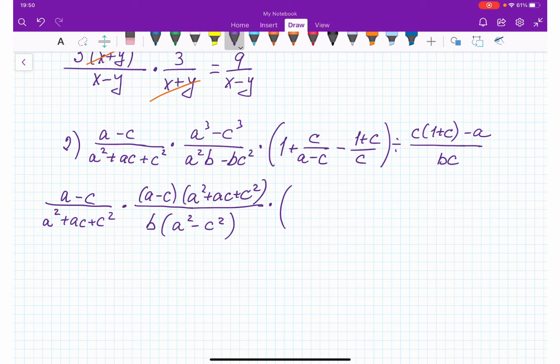This entire parenthesis I'm going to bring to a common denominator. So the common denominator is going to be (a − c) times c, right?